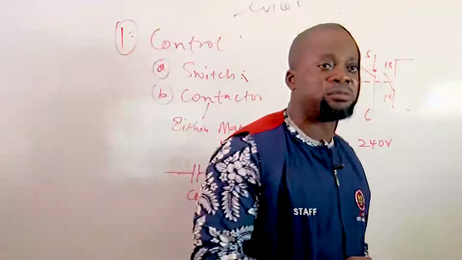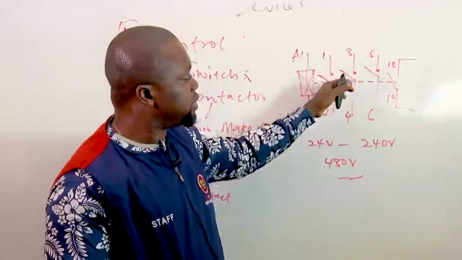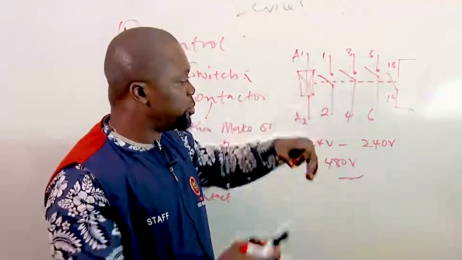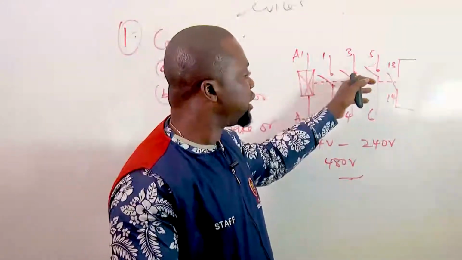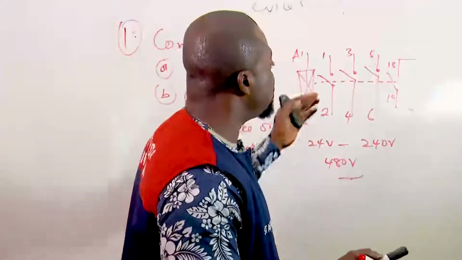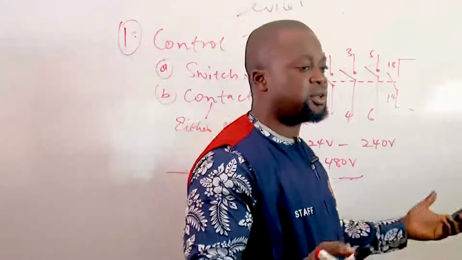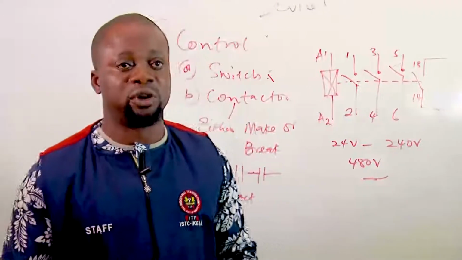Because of the rush of current flow, tripping and all that, you can have a problem of the contact not properly closing to allow current to flow through it. So with regular maintenance, you can take care of your contactor to last long.